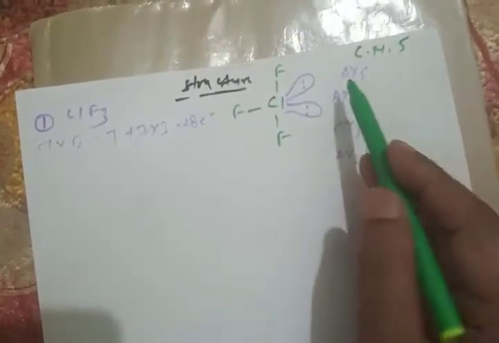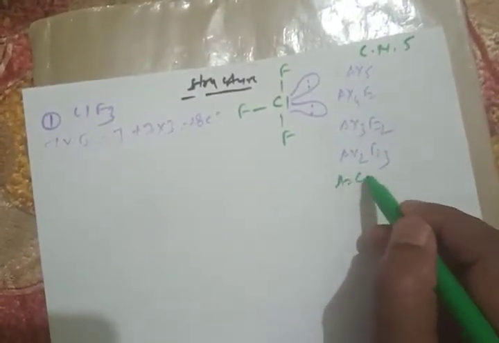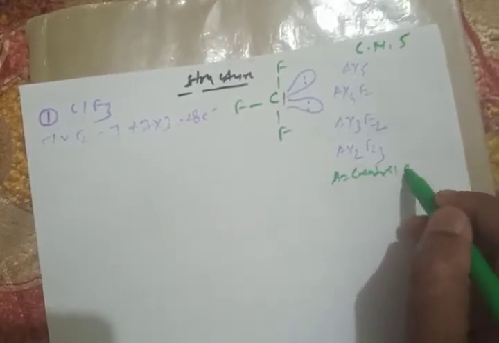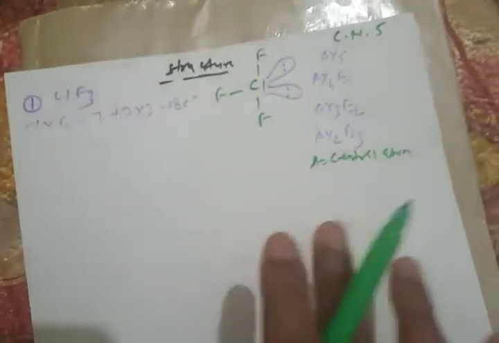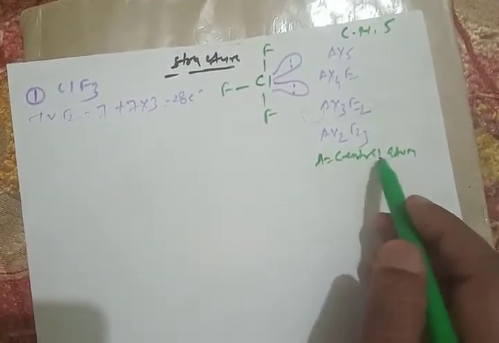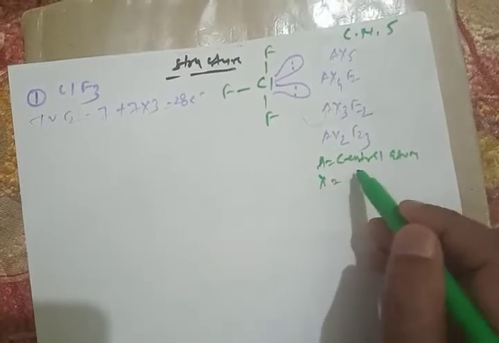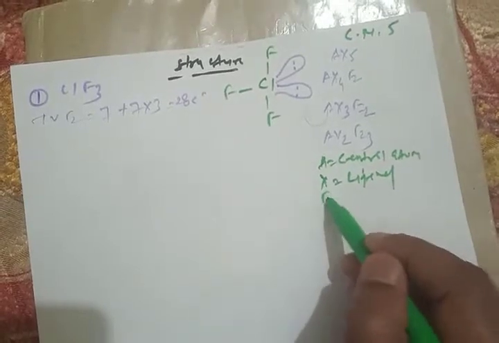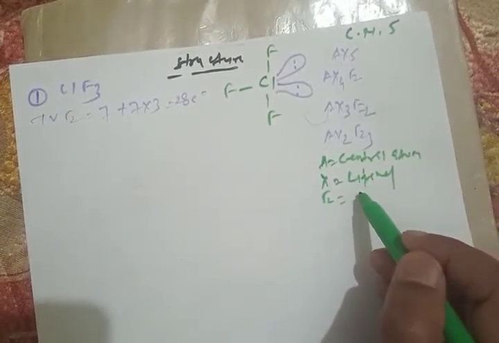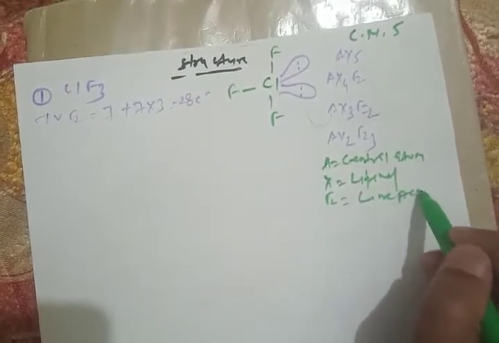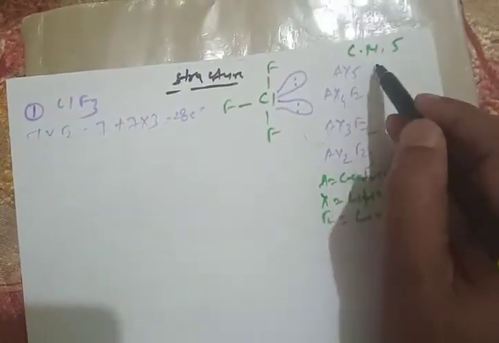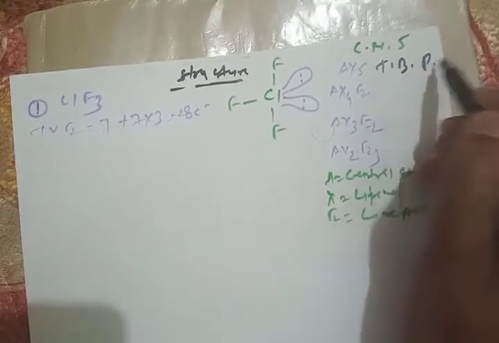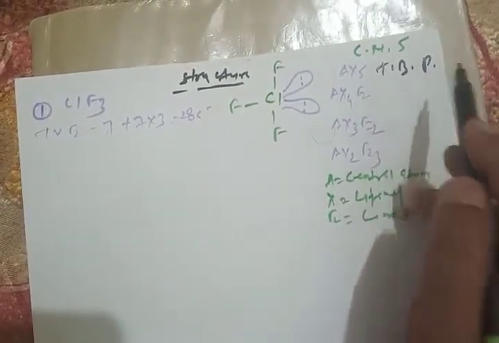This all belongs to coordination number 5. A is the central atom. I had already discussed this in the classroom. A is the central atom, X is the ligand, and E is the lone pair. So based on this, for coordination number 5, this is trigonal bipyramidal geometry. TBP, I am writing trigonal bipyramidal.